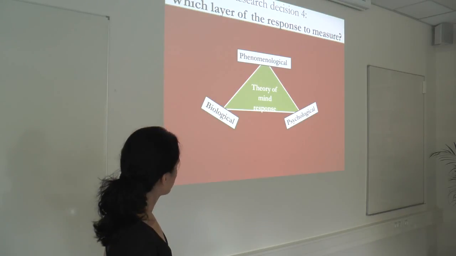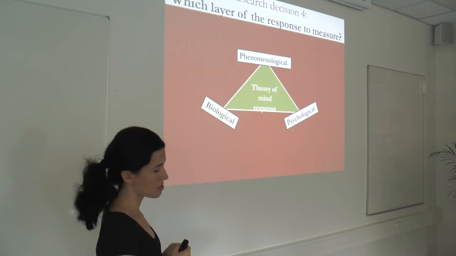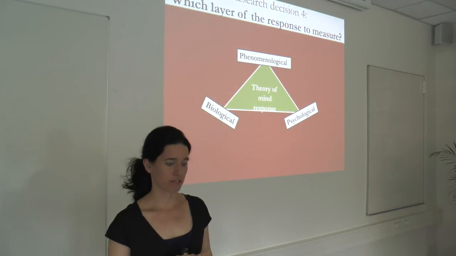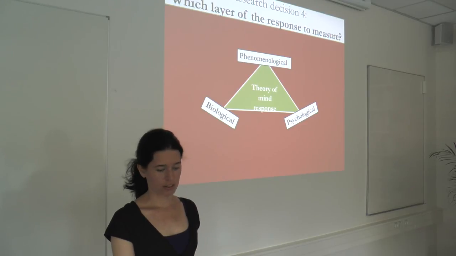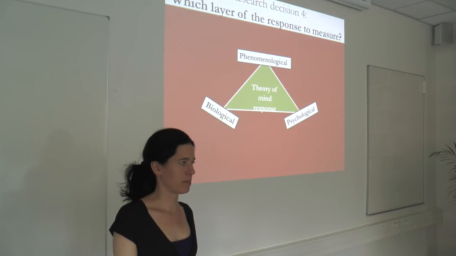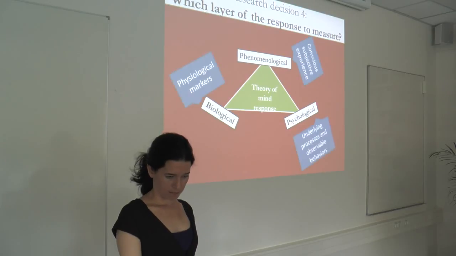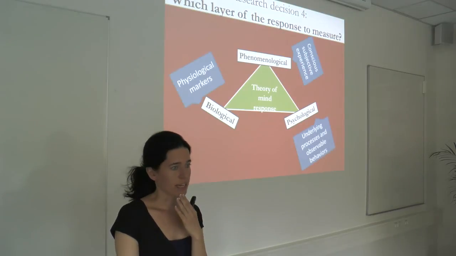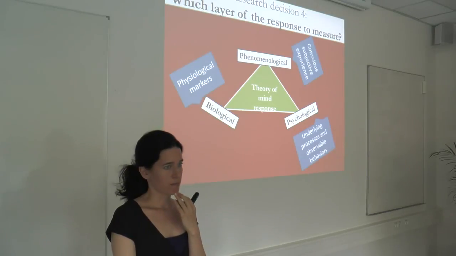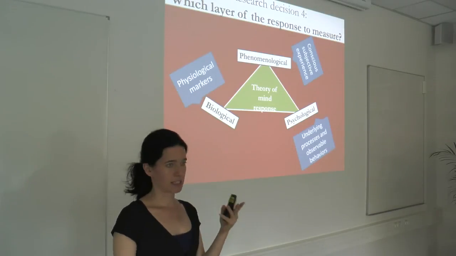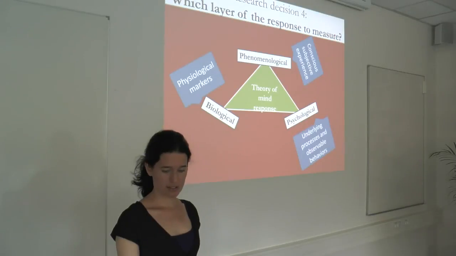When we think of a state or a response, we can differentiate at least 3 levels of a response: a phenomenological level, a psychological level, and the biological level. The phenomenological level reflects on the conscious, subjective experience about which the participant can report or can tell you something.